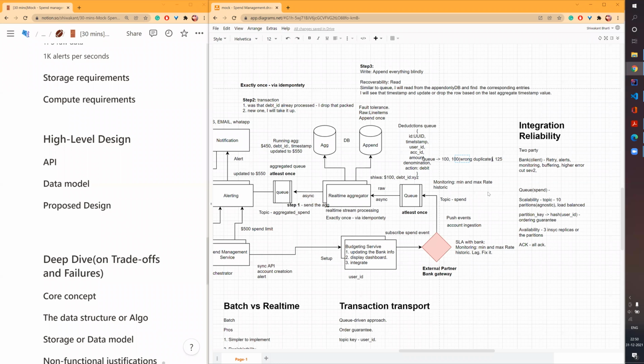So now what I'm thinking is that since it is already providing that ordering guarantee, if I'm getting the same event again, so if I had done that aggregation, I'll just check, oh, this debt ID was already used here, and the timestamp is also exactly the same. So just drop this thing, so to say. So this is kind of very heuristic, but I'm just thinking it might actually work.